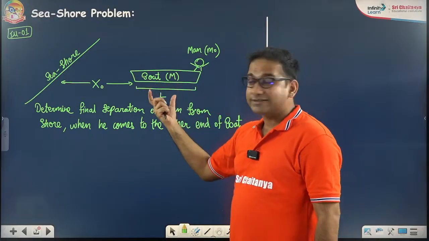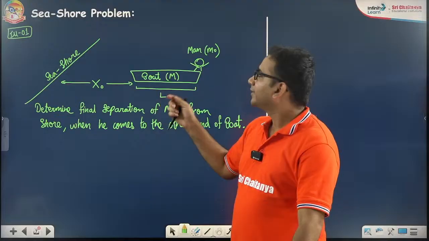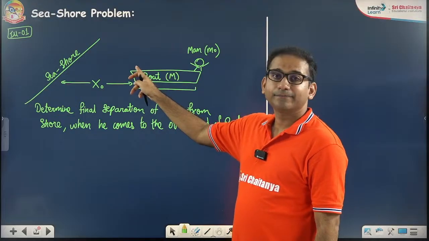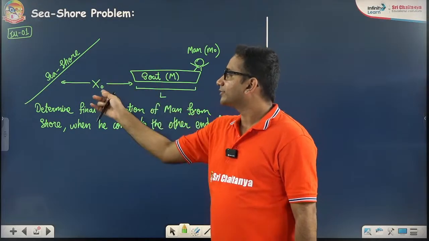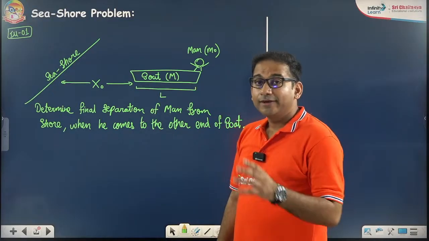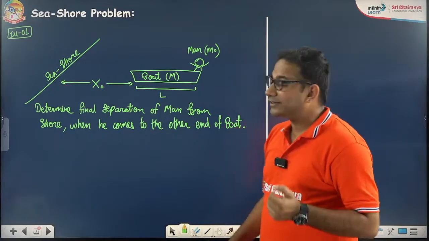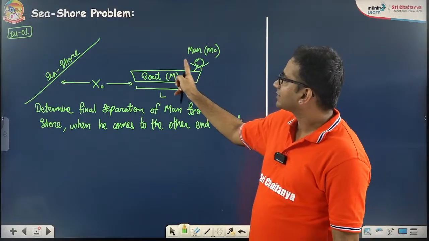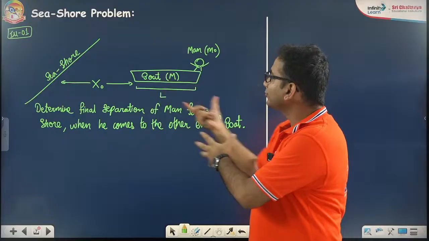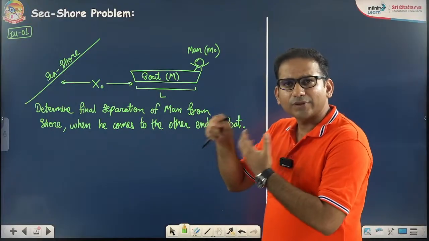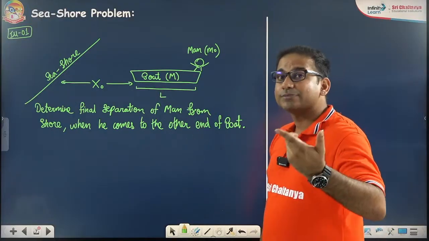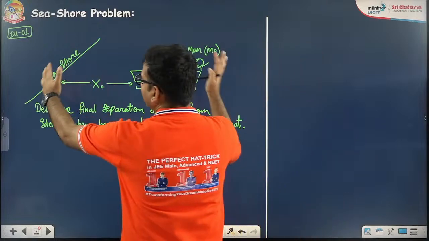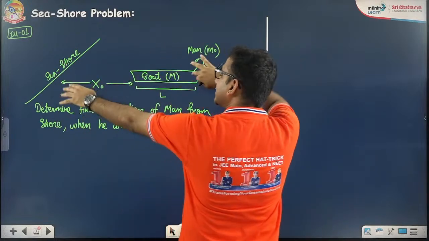So if the boat is fixed, and the person walks to this end, then what will be the final separation? x0 plus L. All right. But the twist in the story is, the moment the man starts walking on this side, the boat will also be shifted ahead. Recoil, the boat will be shifted ahead. So the final separation will be definitely less than x0 plus L, but that will still be more than x0.